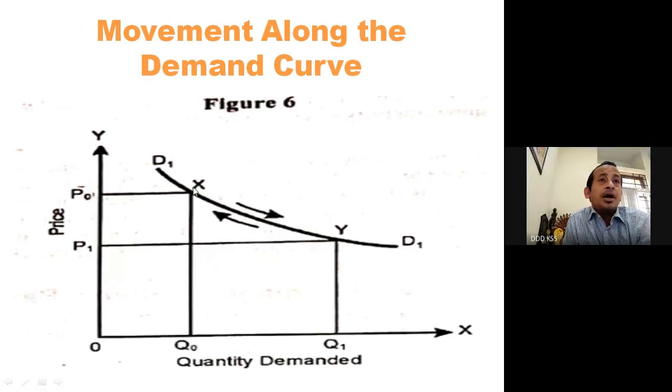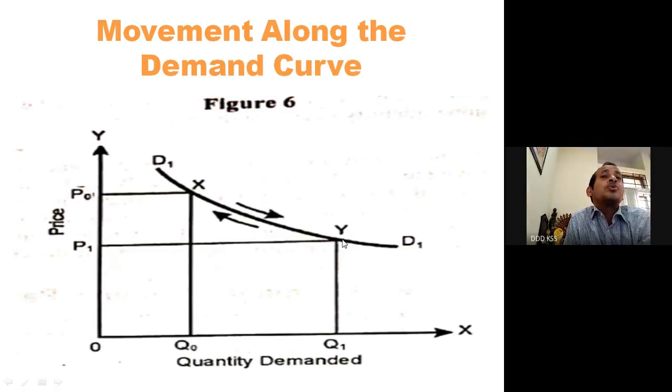Okay, so the demand curve has a movement from X to Y. This is downward. You see the arrow downward. So this is a downward slope movement.